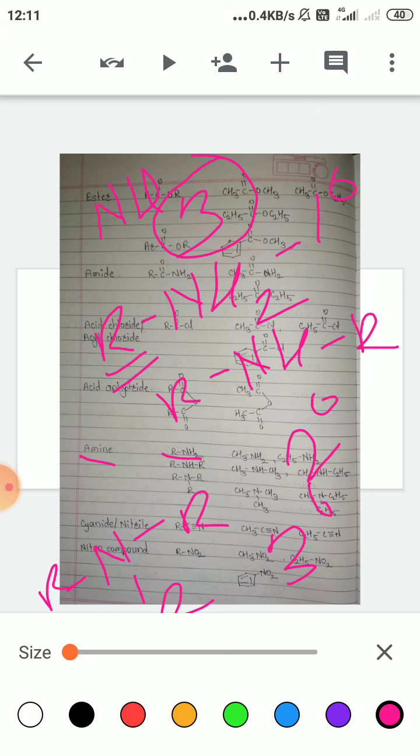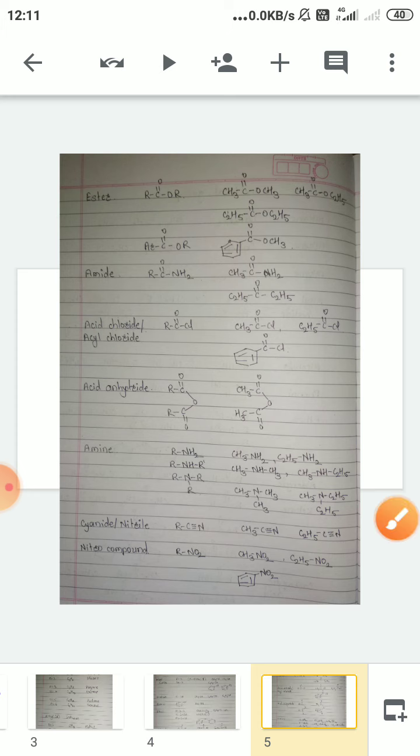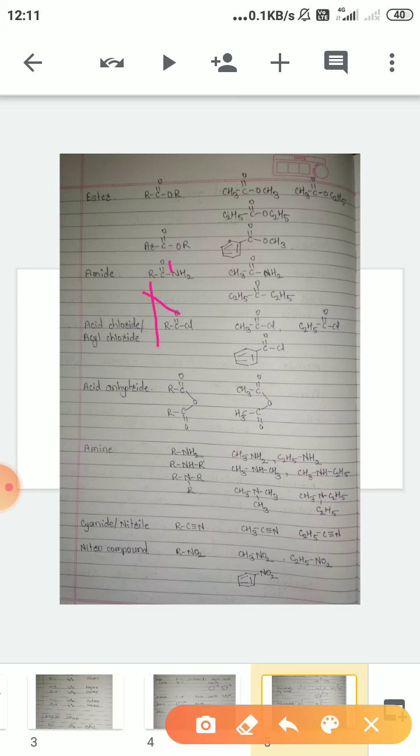And if the lone pair of ammonia is also used for bonding with alkyl groups, such compounds are called quaternary ammonium salts. Here any anion will be there.